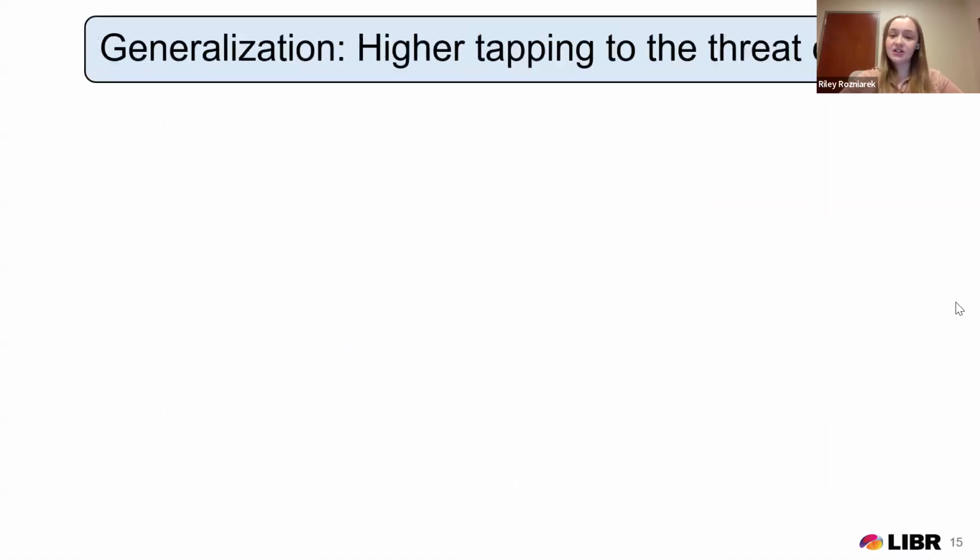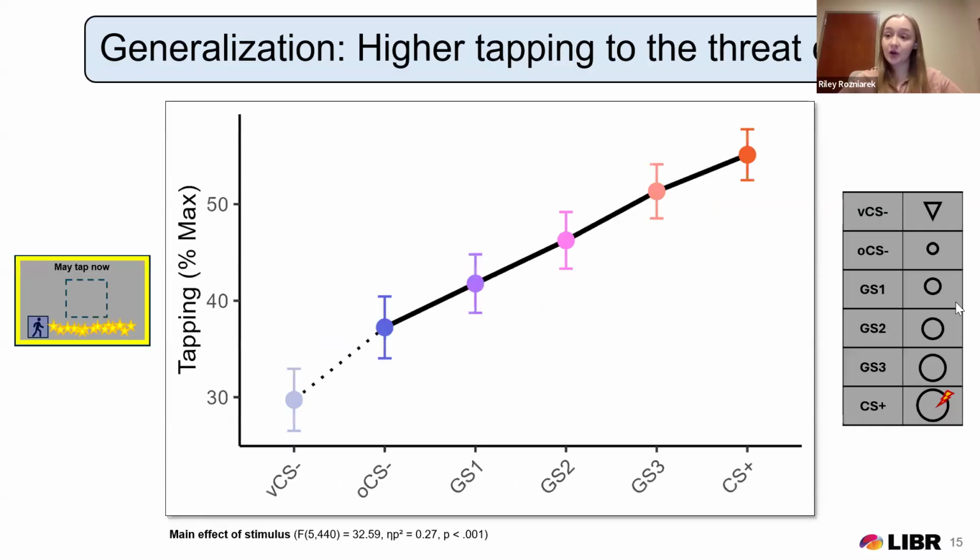And then in the generalization phase, when we added in those middle-sized rings never paired with the aversive outcome, we see that there was higher tapping when we're looking at the percentage of tapping in regards to their max taps across the stimuli types, with the highest amount of tapping to the threat cue in orange compared to the safety cues in blue.